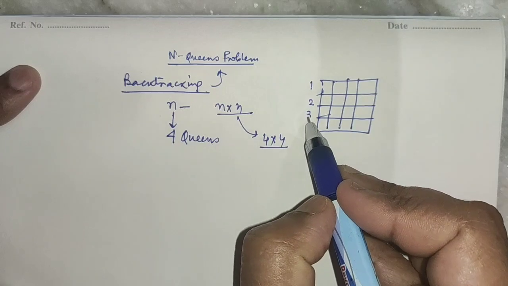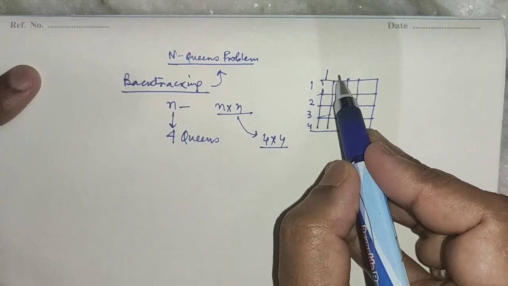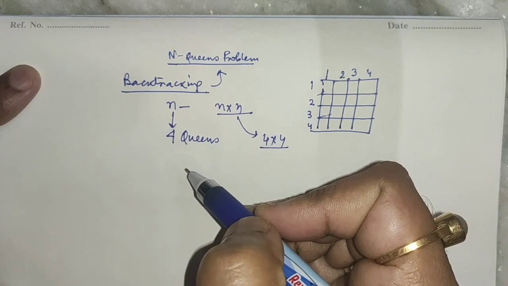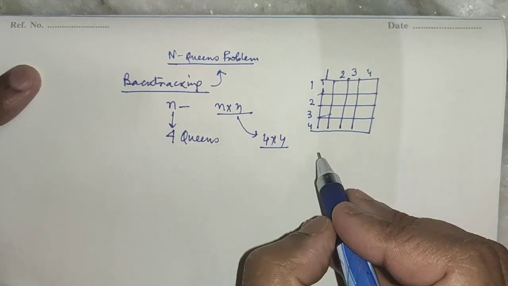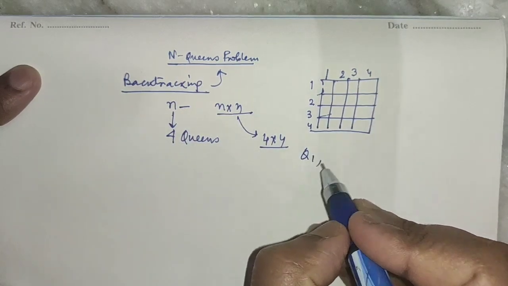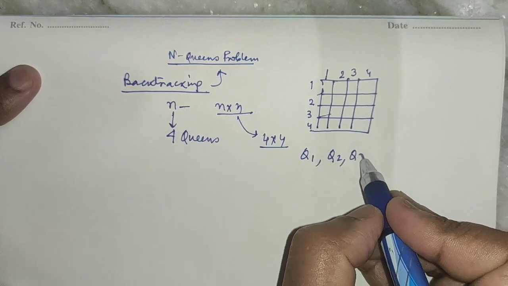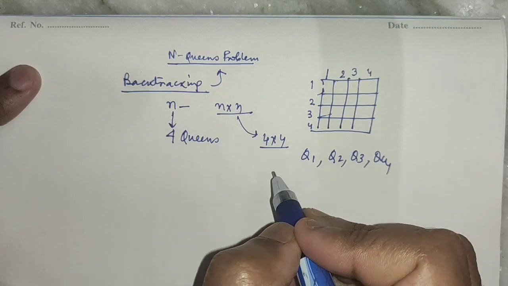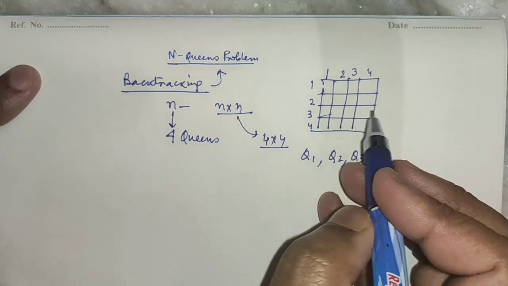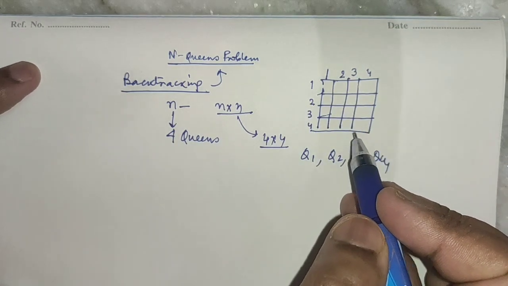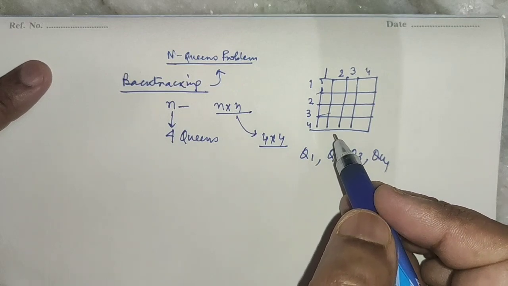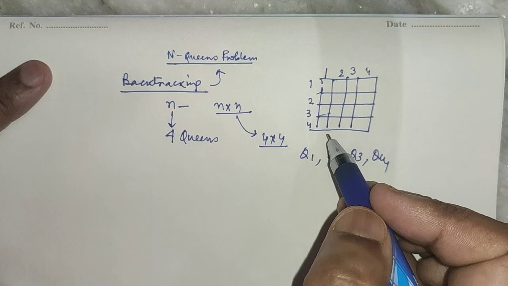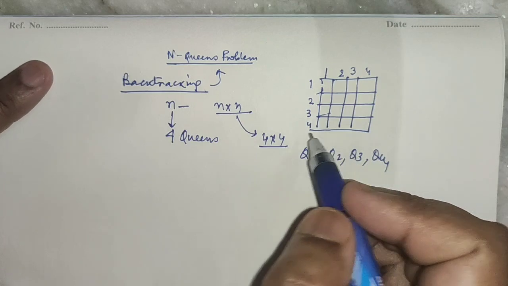You have to place 4 queens. Suppose the queens are Q1, Q2, Q3 and Q4. You have to place all 4 queens into this 4 cross 4 chessboard so that no two queens attack each other. That means they should not share the same row, same column or even the same diagonal.